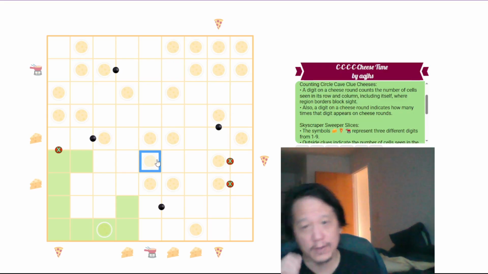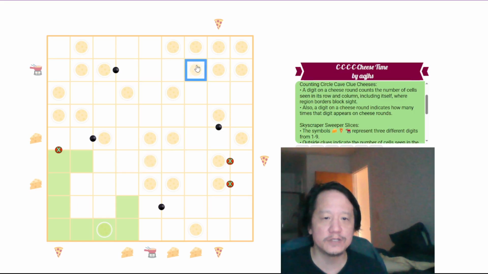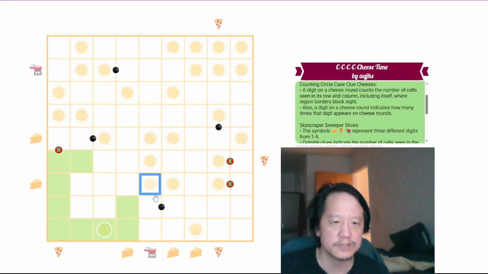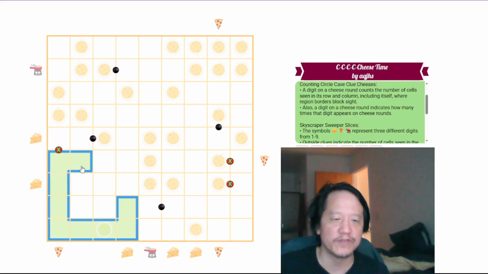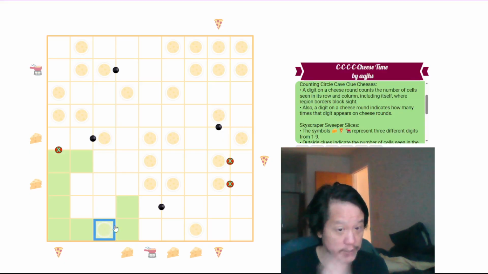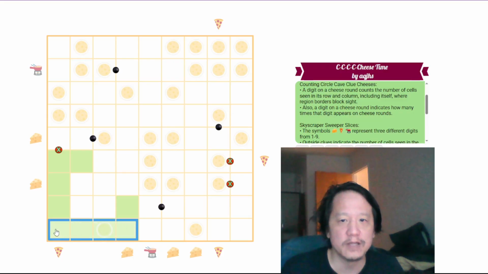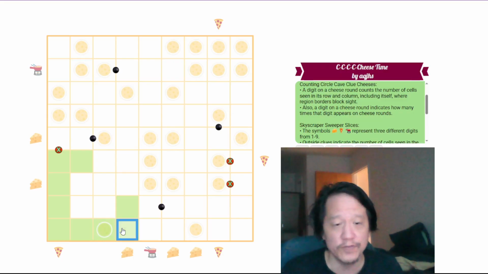Okay. So these cheese circles serve multiple purposes. In this region, say this was a valid region, then this cheese circle sees 4 cells because line of sight is blocked by region borders. This is a region border, and this is a region border. So it sees 1, 2, 3, 4 because it counts itself. So in this case, this would be a 4.